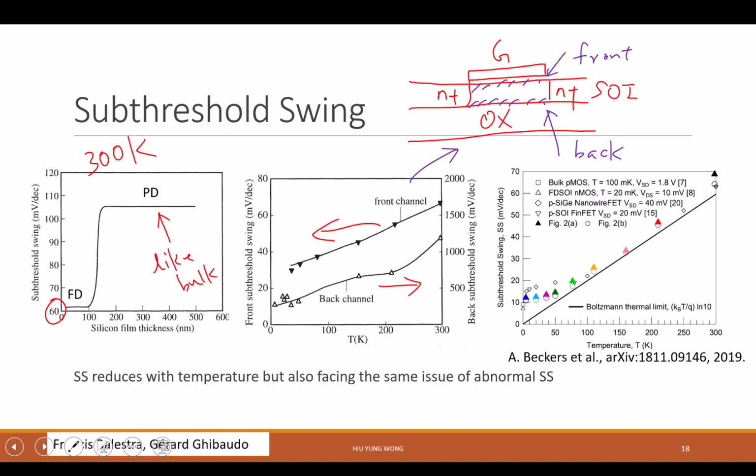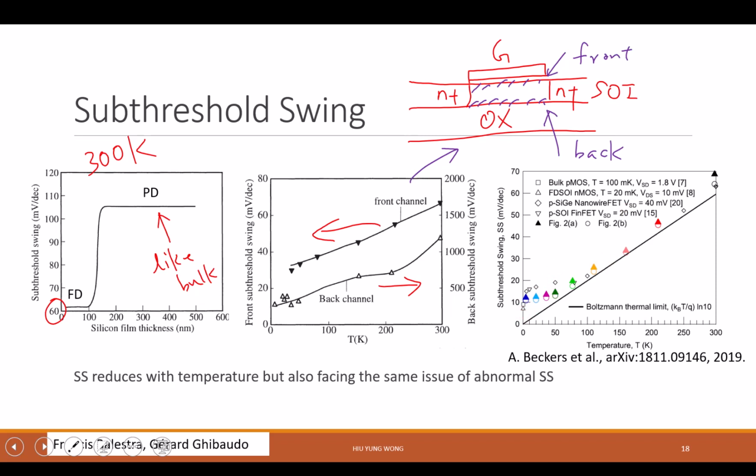Does this chart show that the FDSOI is superior in subthreshold swing compared to the bulk transistor? Not in this chart, because I realize that it only has one data point. You cannot just compare directly because they have different drain voltage. They are from different papers, so you also don't know the gate length. So we don't compare here.